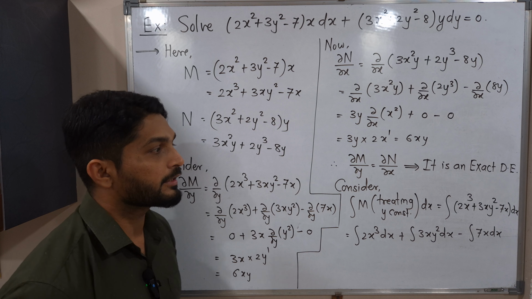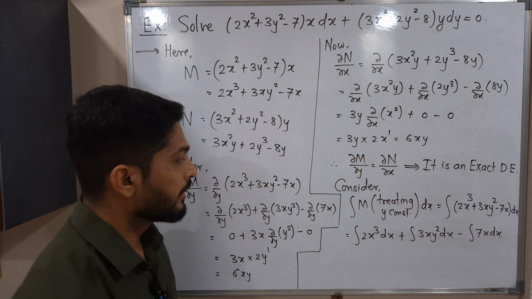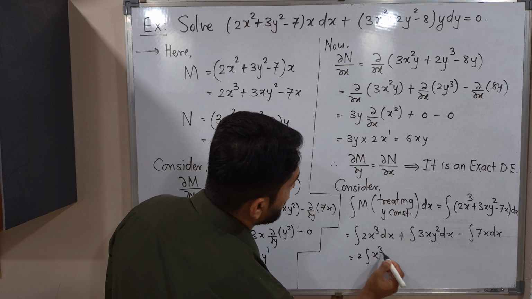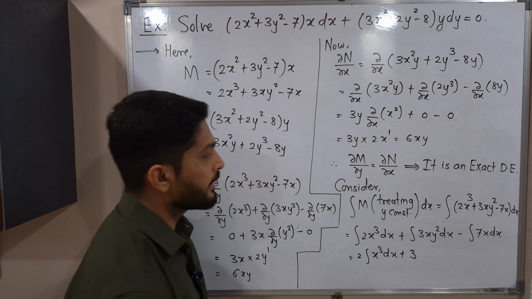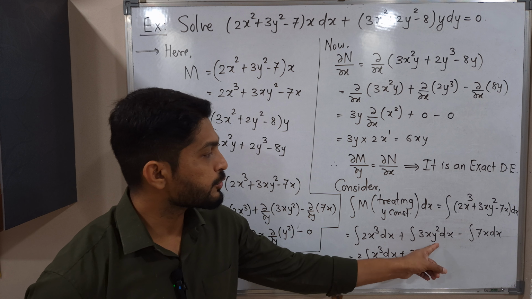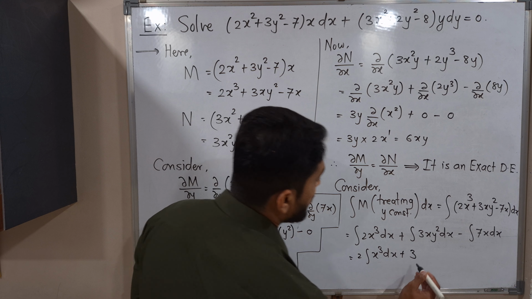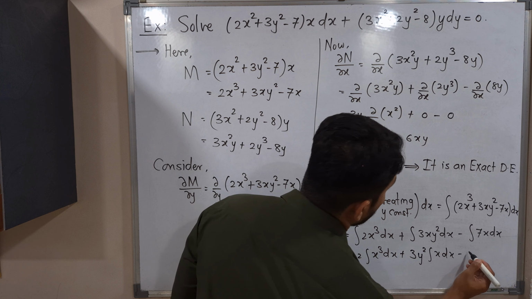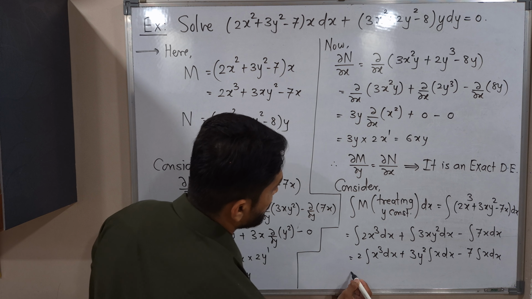I took separate integrations. After that, I take the constants outside. 2 is constant, you can take it outside, x cube dx. 3 is constant, you can take it outside. Y square is also constant. We have already mentioned y is constant here. So that y square is also constant, it will come outside, x dx. Here 7 is constant, x will be there inside the integration.